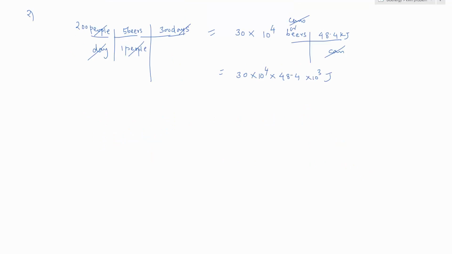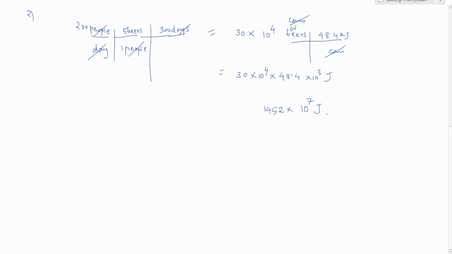So if you multiply that, 4 times 3 is 10 to the power 7 joules. 48.4 times 30 is 1452 times 10 to the power 7 joules. So that's the total energy that is being consumed by Estacao Barao in 1 year.